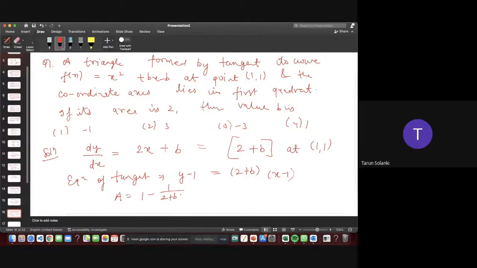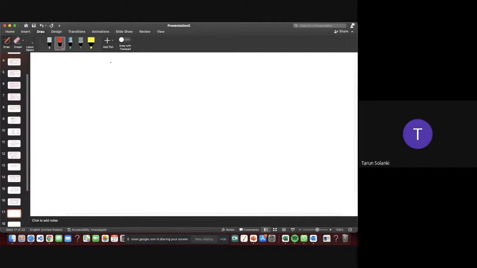So that means a is b plus 1 divided by b plus 2, right? Now in the next step we will go for the b value, so that is 1 minus 2 plus b, so that is minus b plus 1, right?